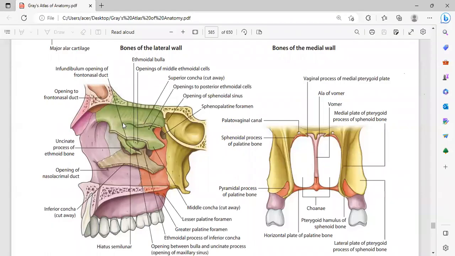Then here, this is the middle concha. Below the middle concha you have the middle meatus.